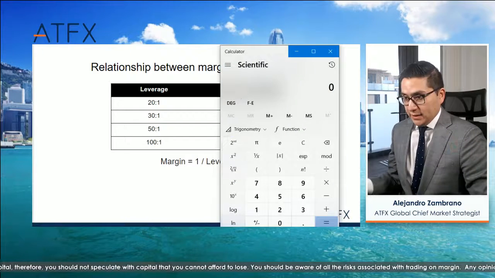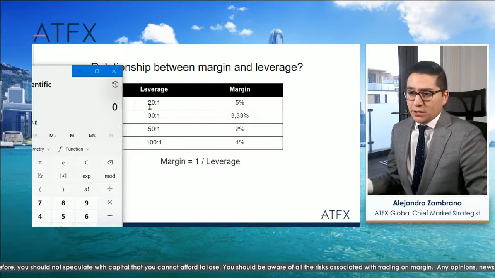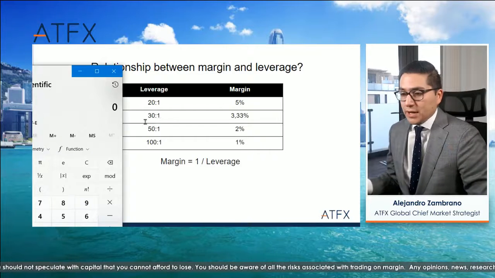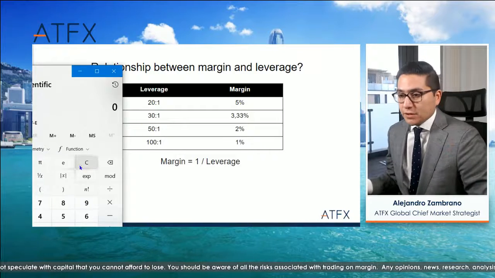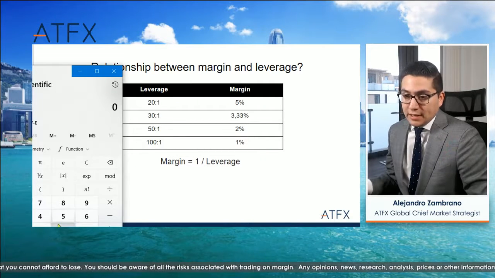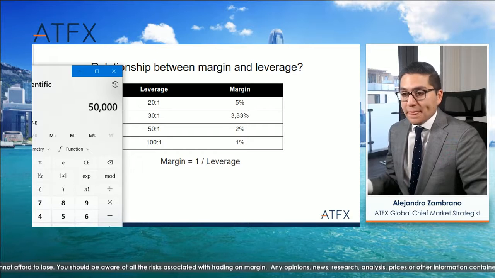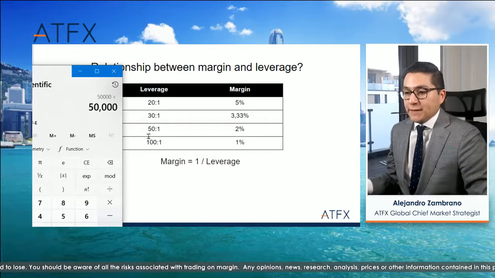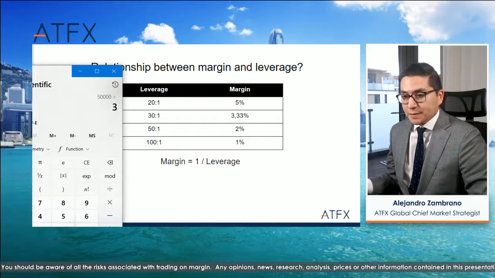So let's bring out a calculator. Here it says 20 to 1, so that's 20 times leverage. Here's 30 to 1, so that is 30 times leverage. So say, for example, I want to buy something for, say, $50,000. And I know that the effective leverage with my broker is 30 times.